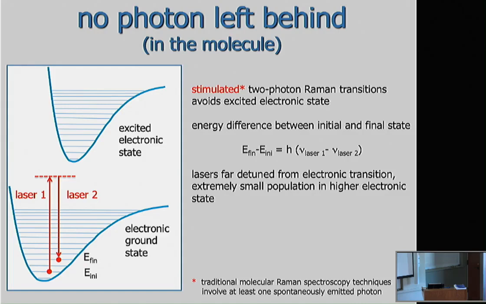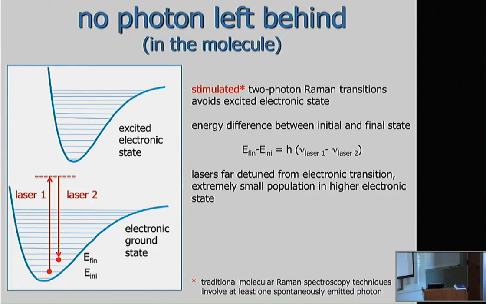In the stimulated case, you have two sources of light, laser 1 and laser 2, and they are different frequencies, and you basically are very far detuned, or we typically are very far detuned from the excited electronic state, so populating anything up here is very unlikely. But by the energy difference of these two photons, we can make resonant transitions between, for example, rotational states in the ground state, or it could also be vibrational states.